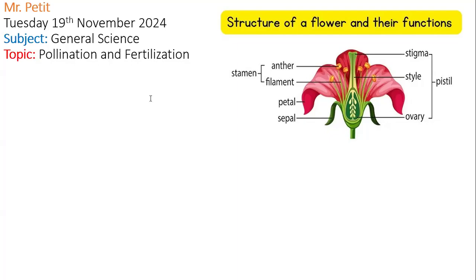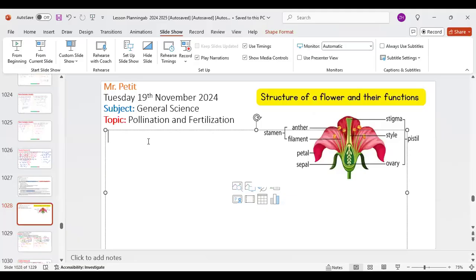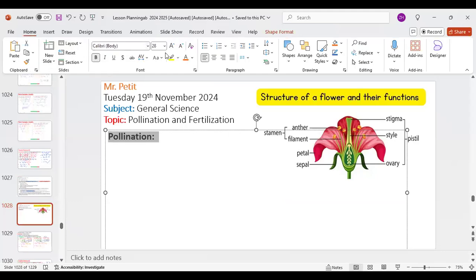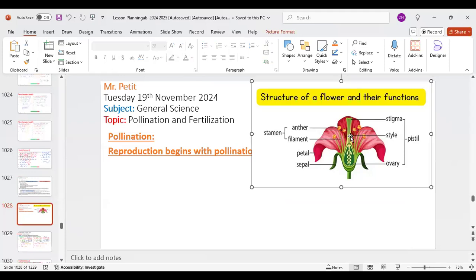So let's talk about pollination, by definition. Write this down for me, please. Reproduction begins with pollination.